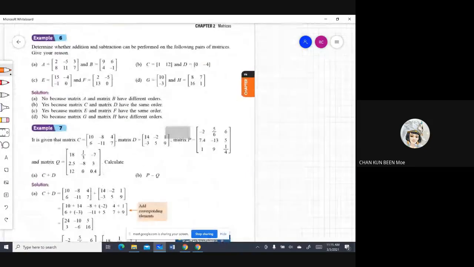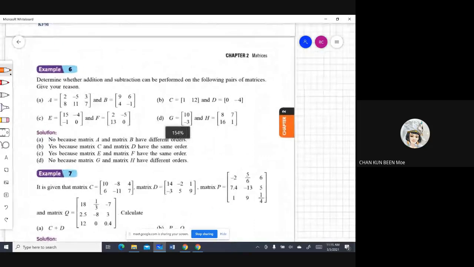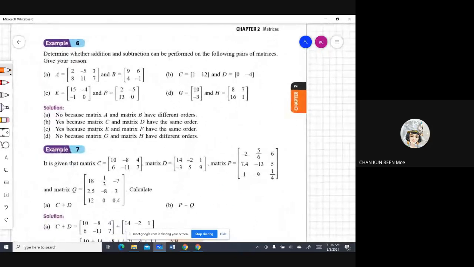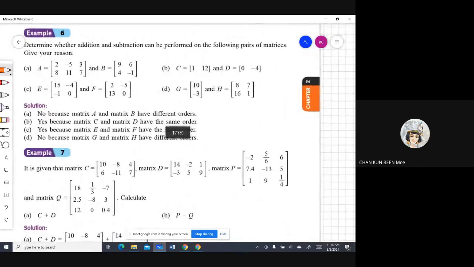Example 6. Determine whether addition and subtraction can be performed on the following pairs of matrices. For A, remember that addition and subtraction can only be performed when the matrices have the same order. If the order is not the same, you cannot perform it.